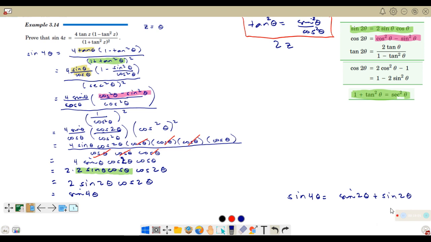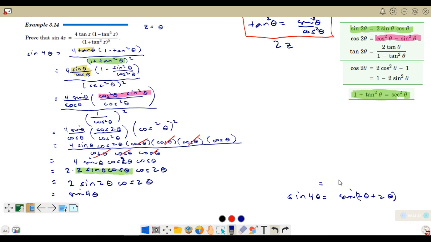Tama? Ay, teka. Parang may mali. Sine 2 theta plus 2 theta. Yan. Ito yon.